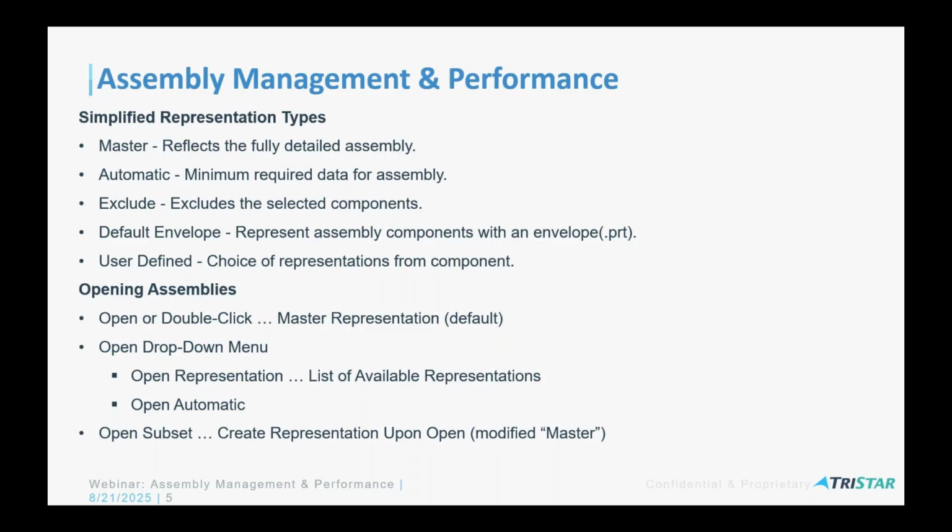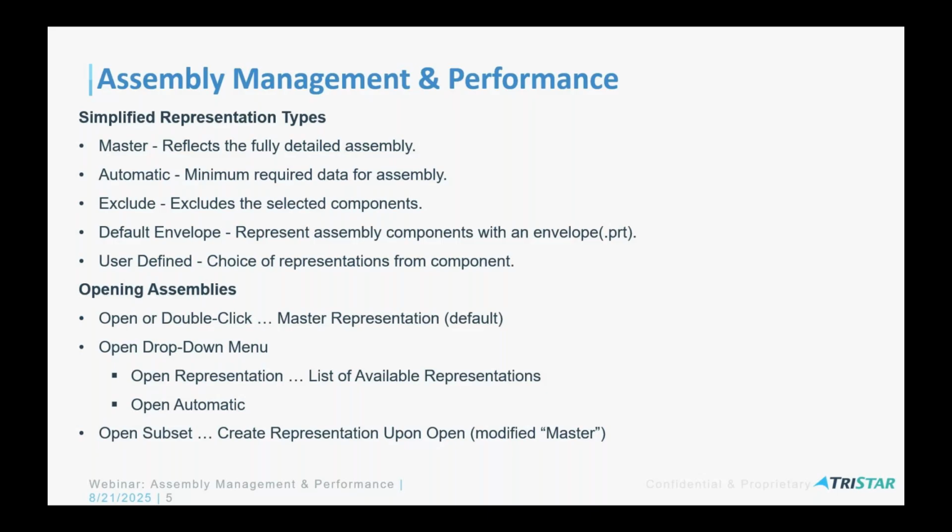There are some config options that help us manage how we open the assemblies. One of them is to open simplified representation by default. Now that setting is set to no by default. But if we change that setting to yes, then it will force the dialog to open the list of available representations.